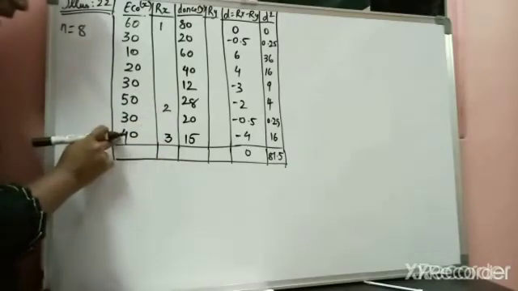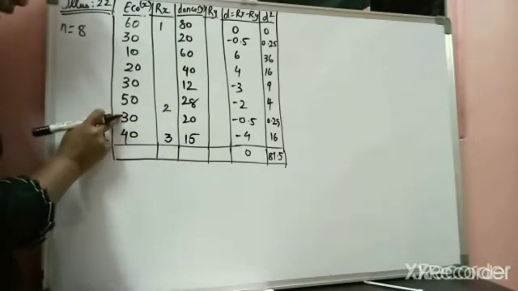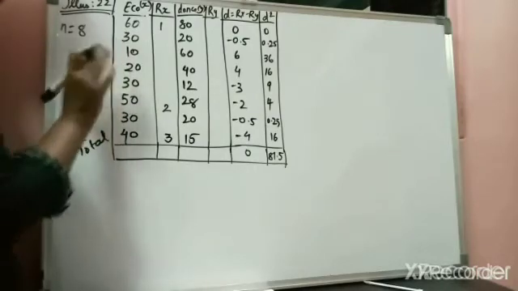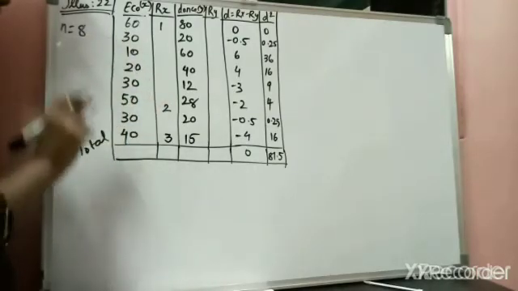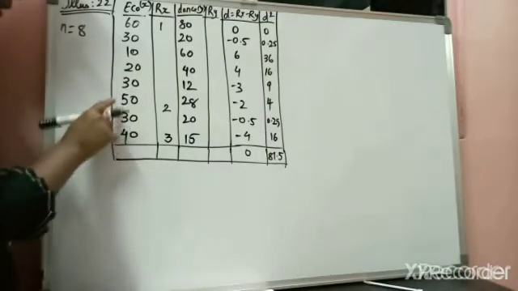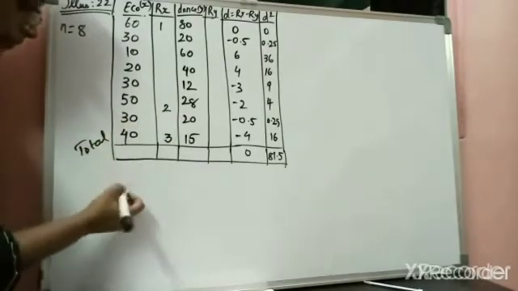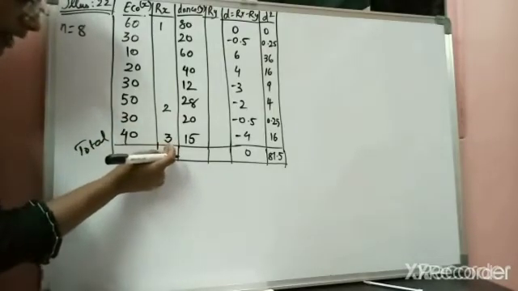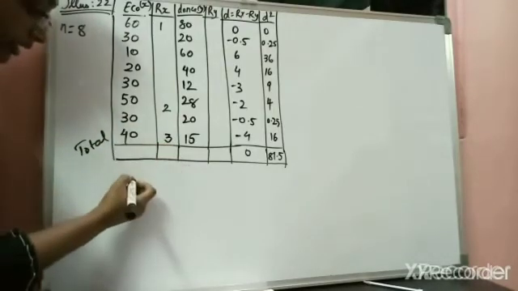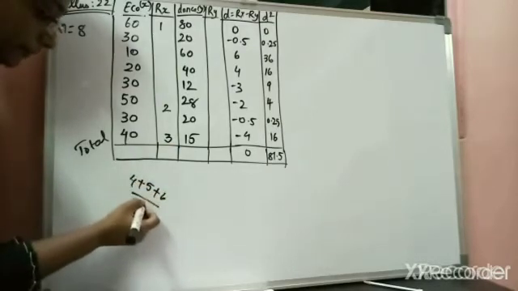Then after 40, the highest is 30. Okay, so 30 is repeating 1, 2, 3. Thrice it is repeating. So you have to find out the average of the ranks. So earlier I said how we have to calculate. We ended over here. Okay, rank 3 has been given. Then after that 4 plus 5 plus 6 divide by 3.